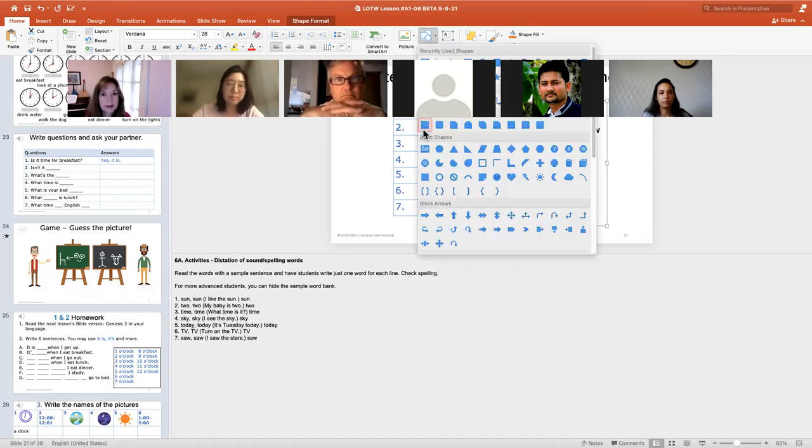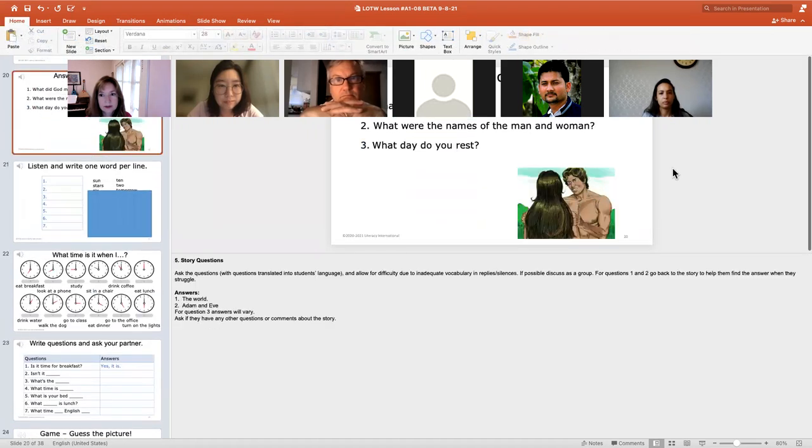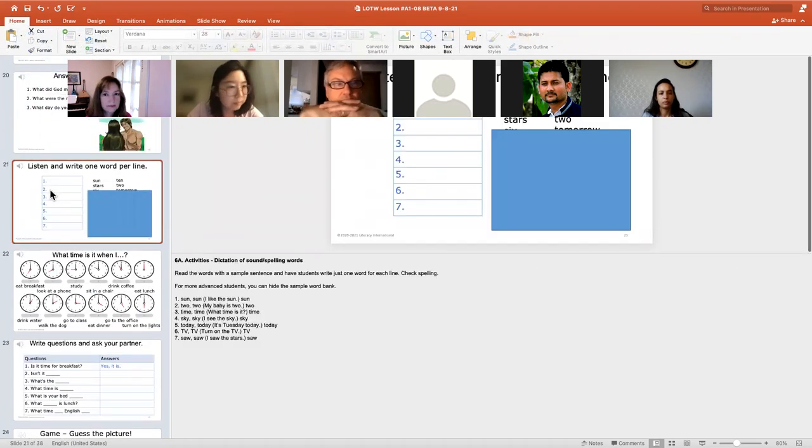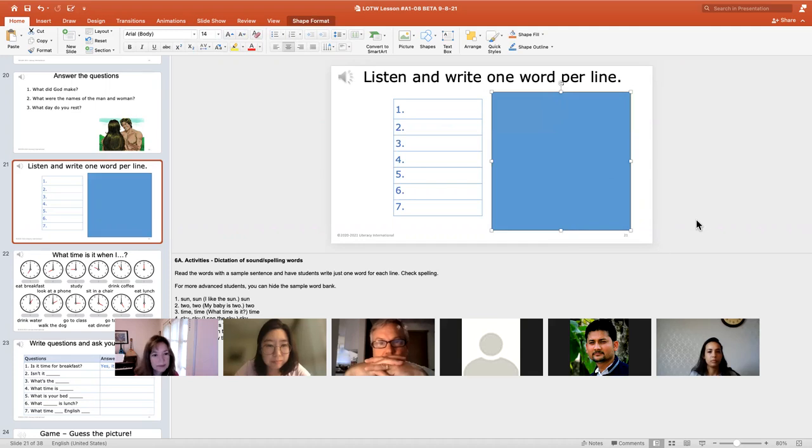So a lot of times I'll just create a rectangle shape, and I will use that to hide the word bank so that they can't see it. So you can make it a little easier or a little bit harder.